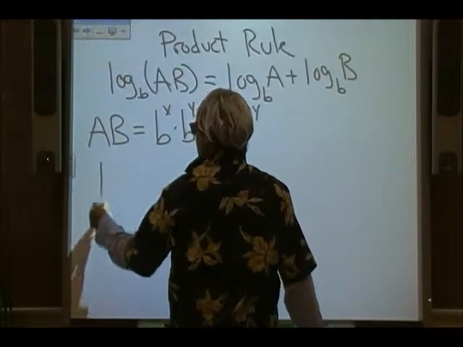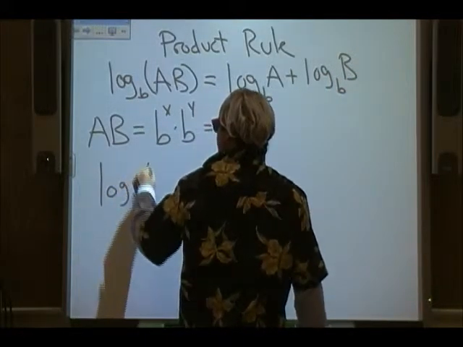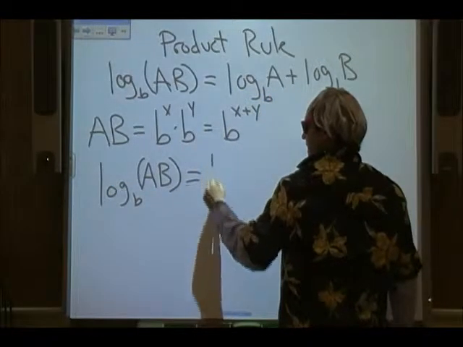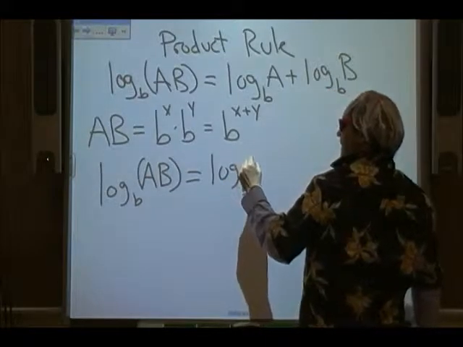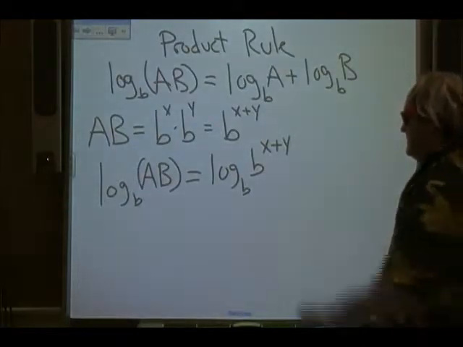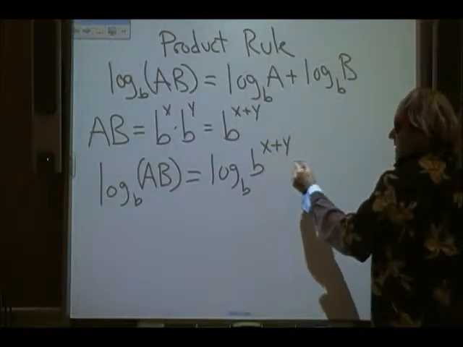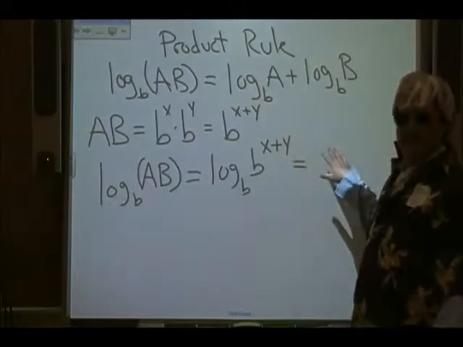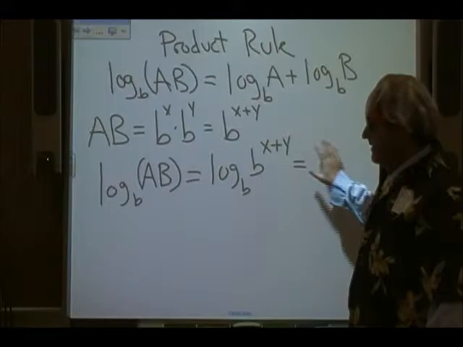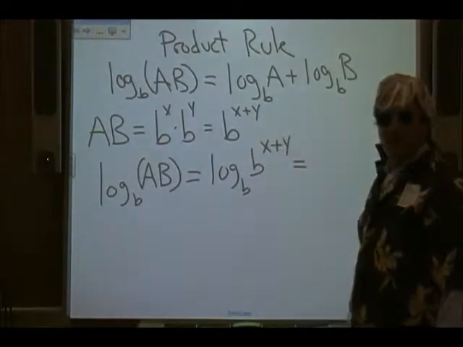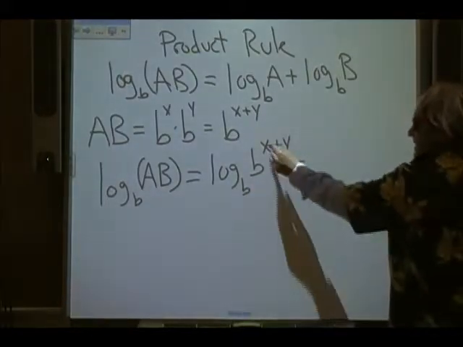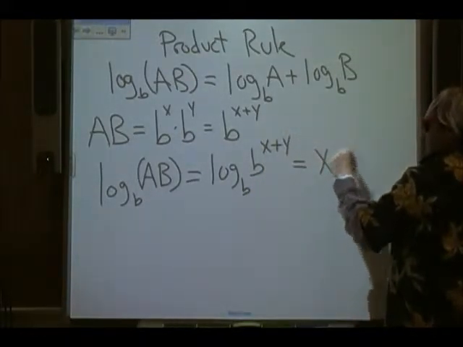So I take the log of ab, which is the same thing as the log in base b of b to the x plus y. Now, when we rewrite this, we're saying b to the what exponent is b to the x plus y. Well, these b's are the same. So what's missing is the exponent, x plus y.